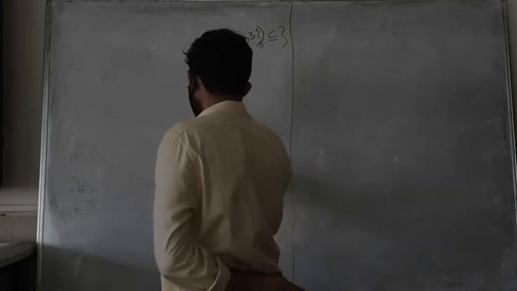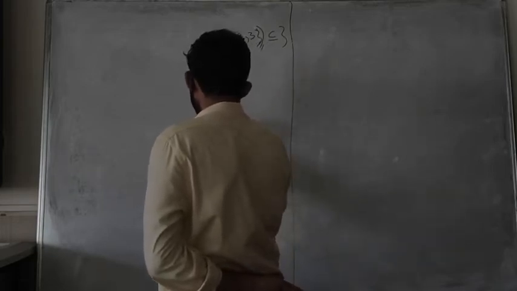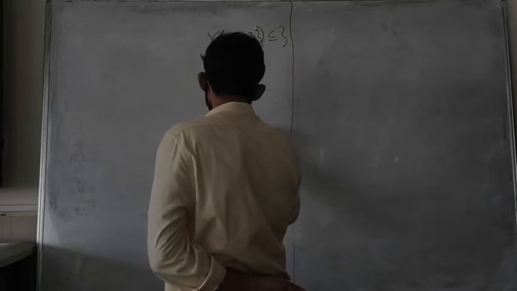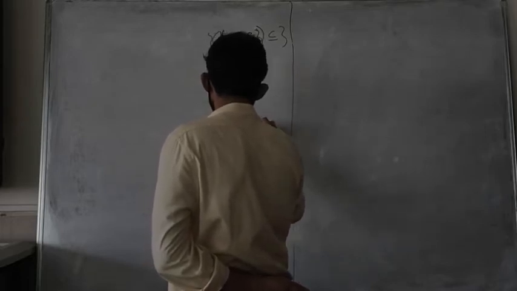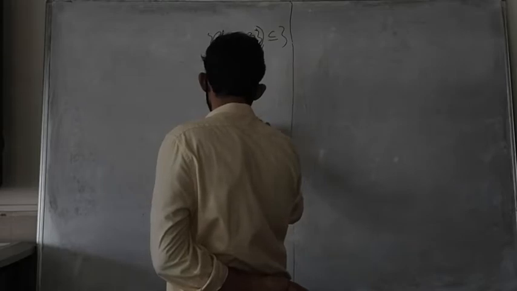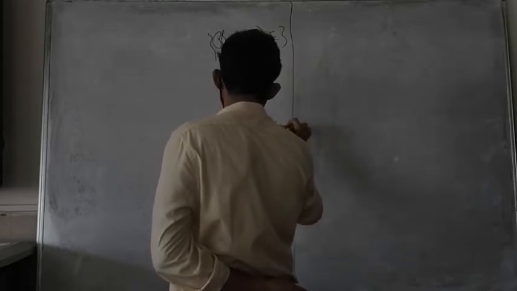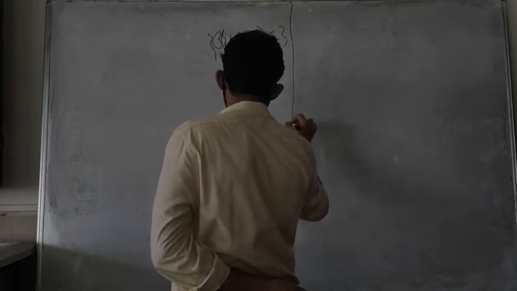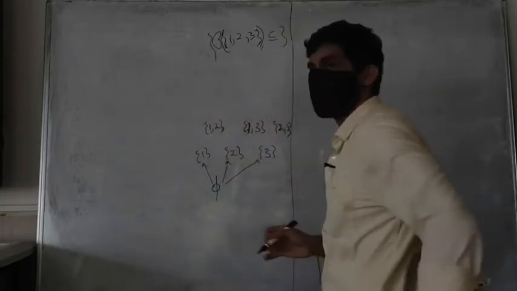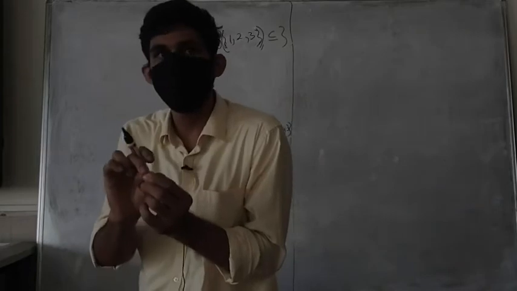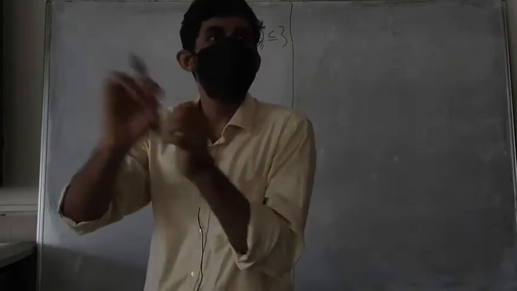Between any two sets, like {1,3} and {2,3}, two sets should have a path between them if they are related. That's the way in which you should draw it.